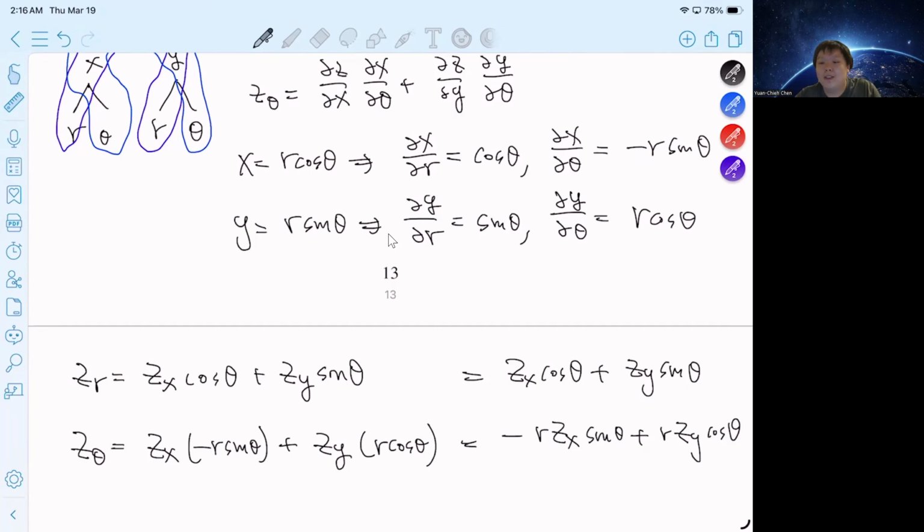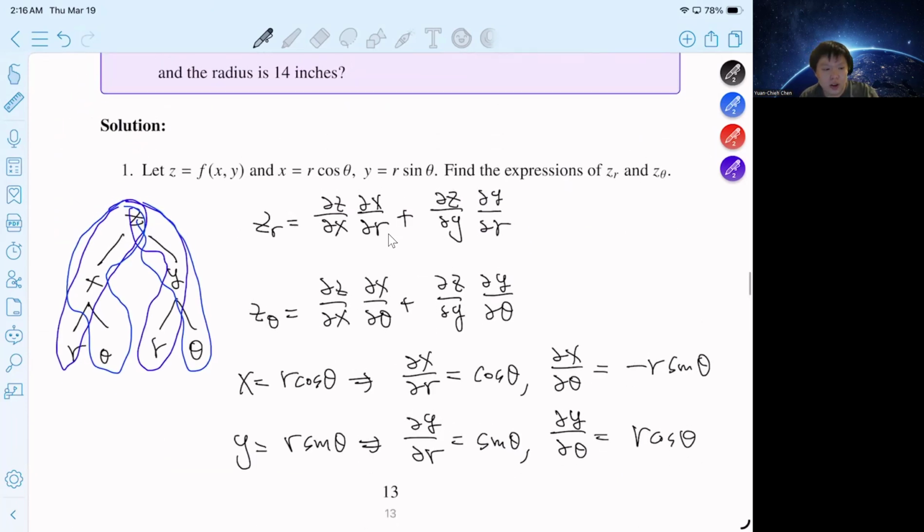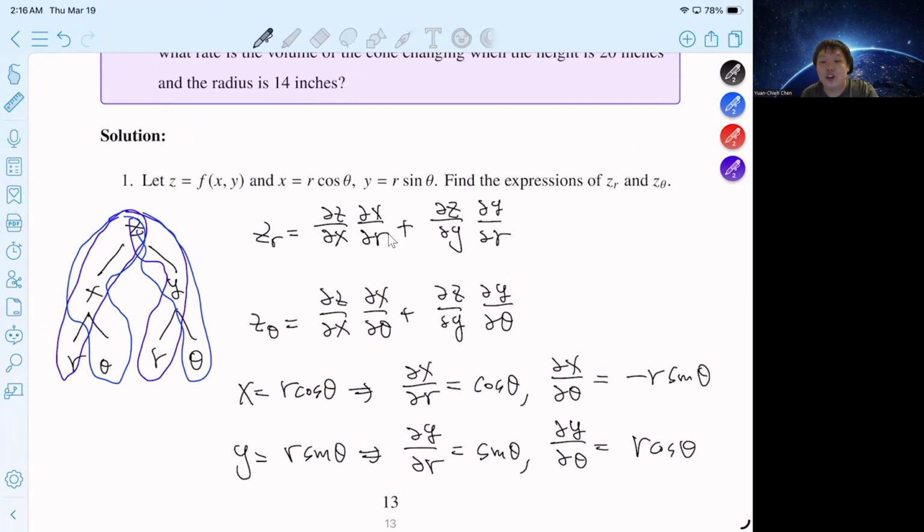But in reality, we don't want to stop there. So maybe you have some questions where the function or the surface is given to you, and you want to rewrite that in terms of polar coordinates, or vice versa. If the question only gives you polar coordinates, Zr, Z theta, I want to rewrite that in the regular things.